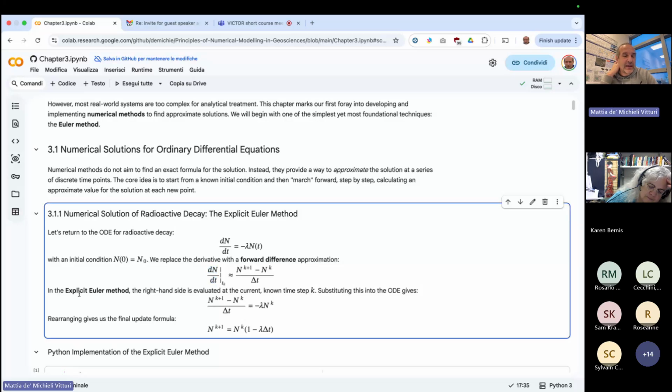So also in this case, one could think, okay, so it's always better to use a higher order scheme. That is not always true, because some schemes of higher order could become unstable in some conditions.